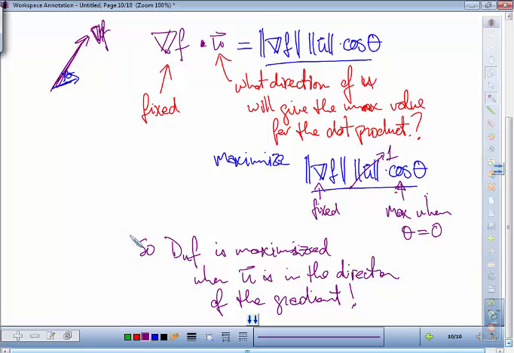And so this is your second very important property of the gradient. First, the gradient is perpendicular to a level curve or a level surface. Second, the gradient is the same direction that would give you the maximum rate of change.